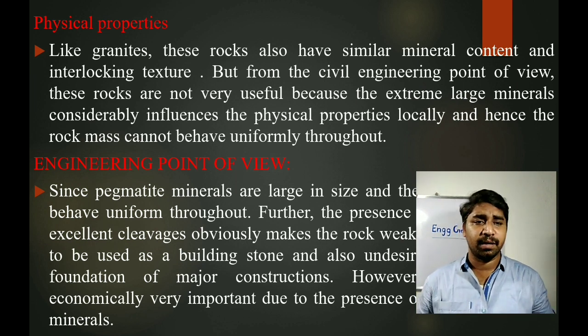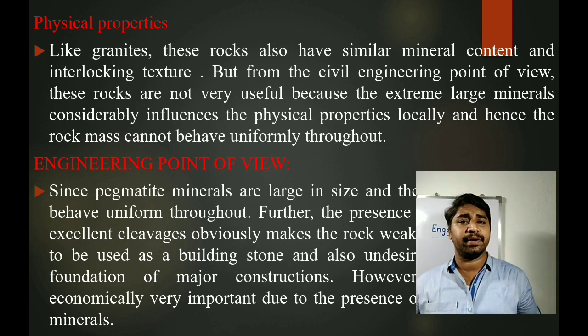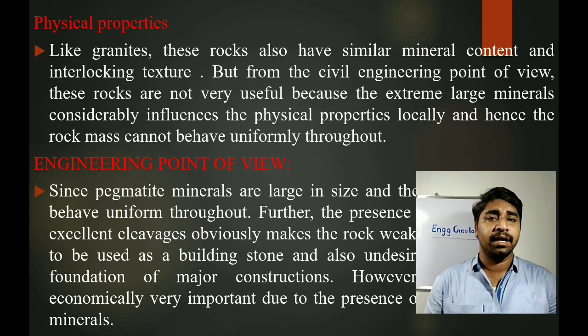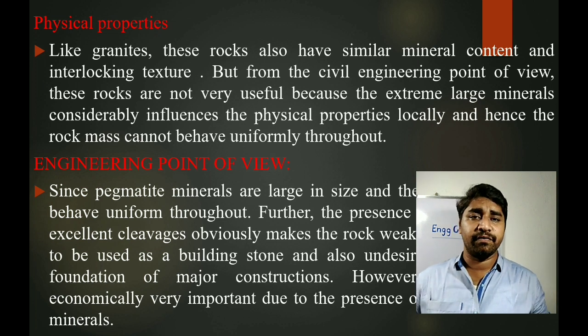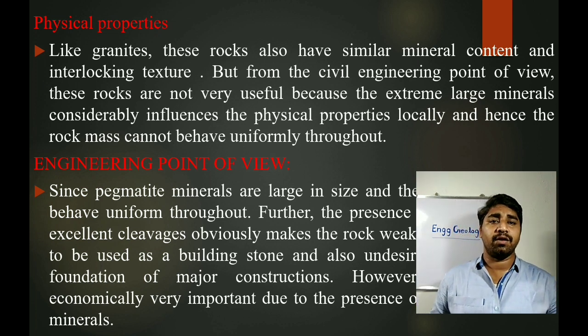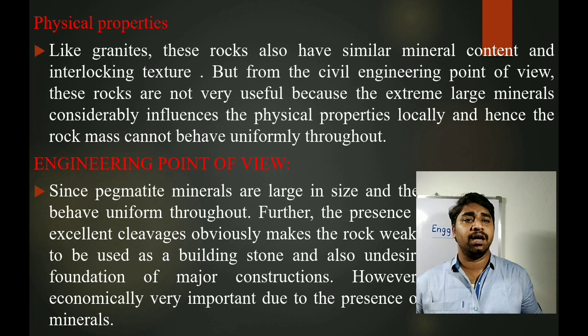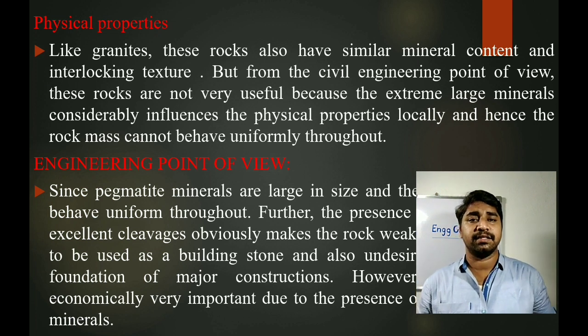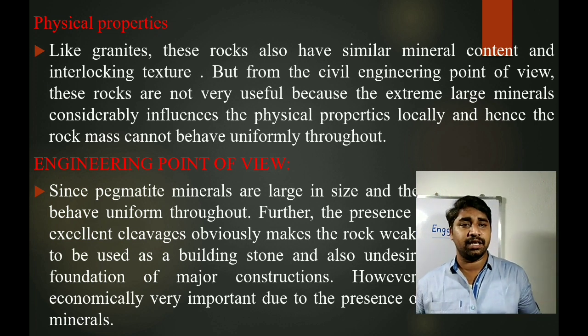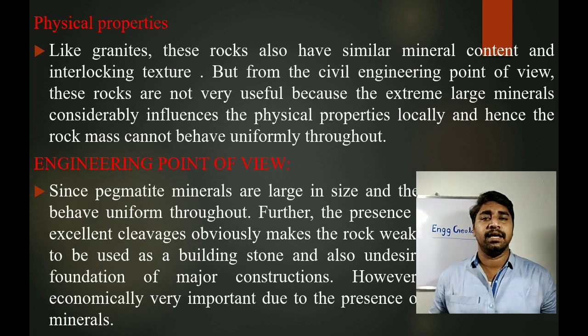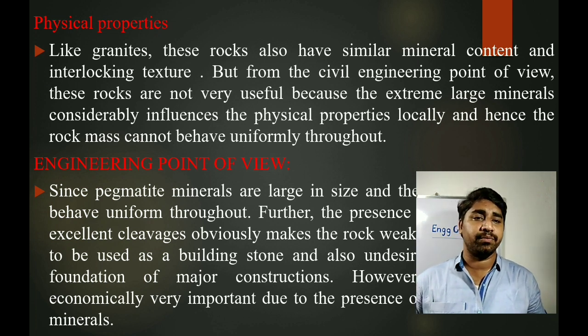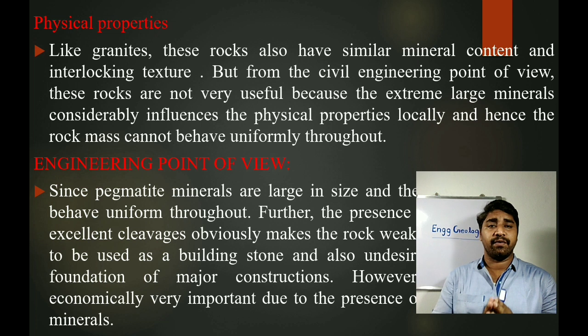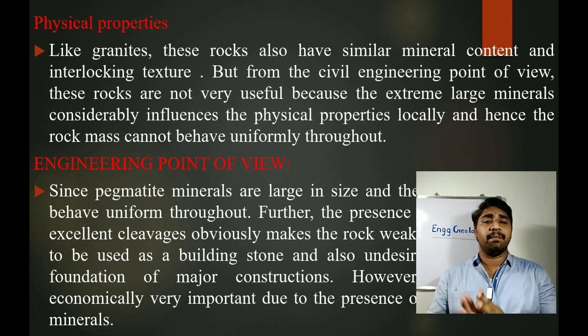So coming to the physical properties, like granites, these rocks also have similar mineral content and interlocking texture. But from the civil engineering point of view, these rocks are not very useful because the extremely large minerals considerably influence the physical properties locally, and hence the rock mass cannot be uniform throughout. So what is the disadvantage with pegmatites?